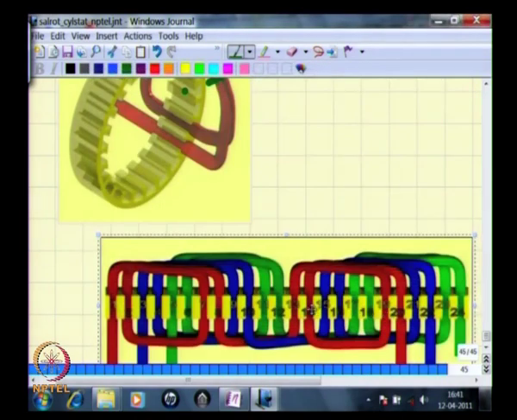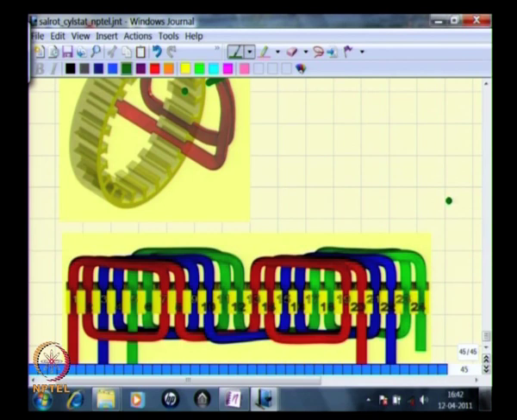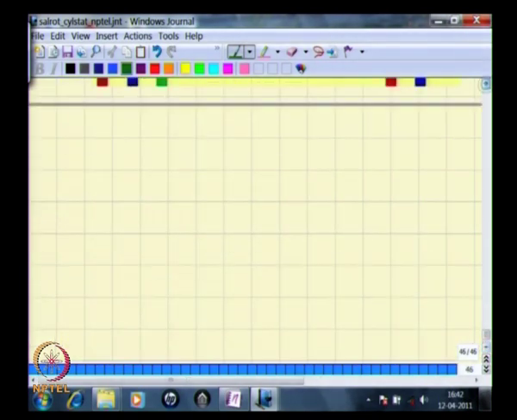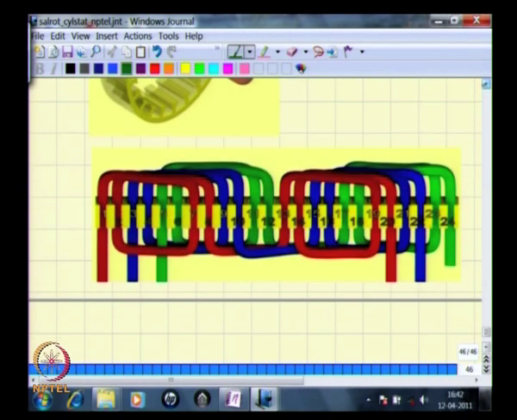This is just to see how the spatial axes are then separated. Now that particular one winding is then shown here. You can see that this coil comes in, this turn comes in and then travels around, goes to slot number 7, comes back and goes here.